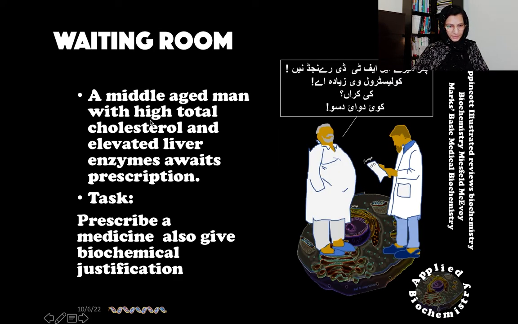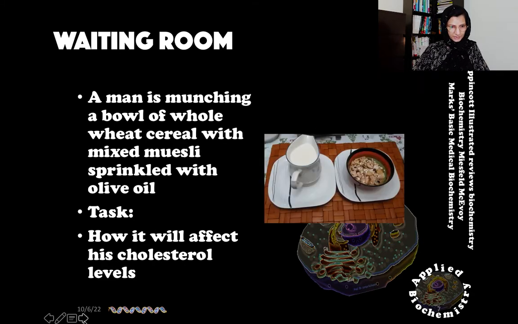Next, there is a middle-aged man with high cholesterol along with deranged liver enzymes, and you are required to prescribe him a medicine along with the biochemical justification for the prescription.